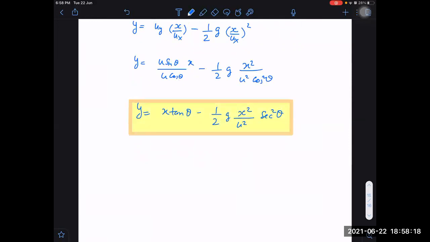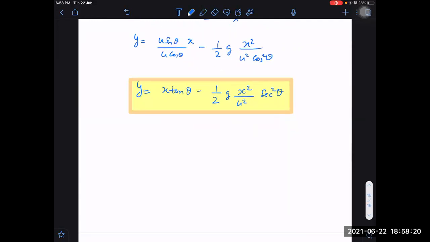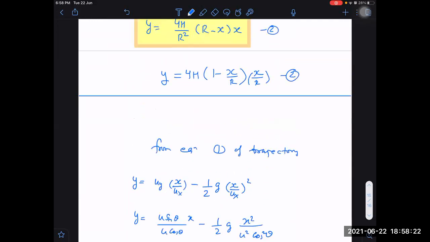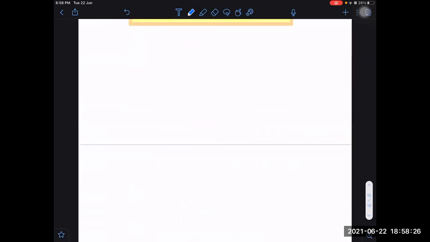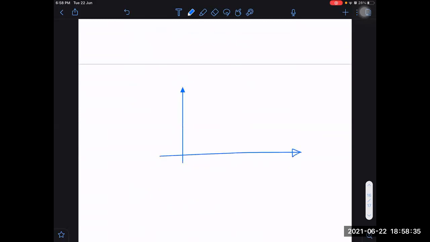And I can write it in one more way. Let me write in that way also. That I will write by telling you something first about the parabola. One interesting result I will tell you first. This is a downward parabola.